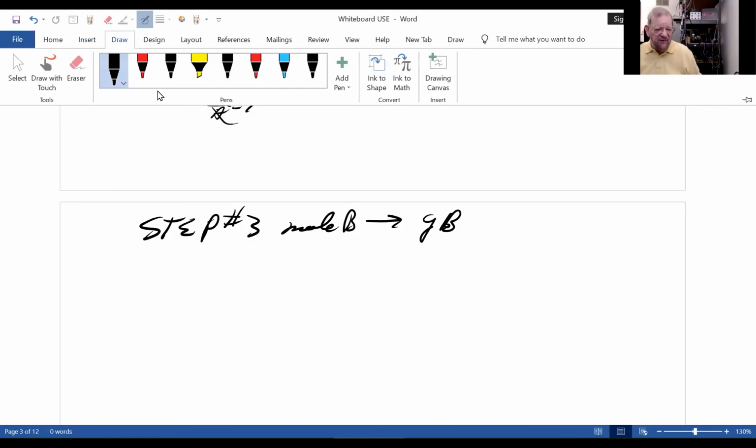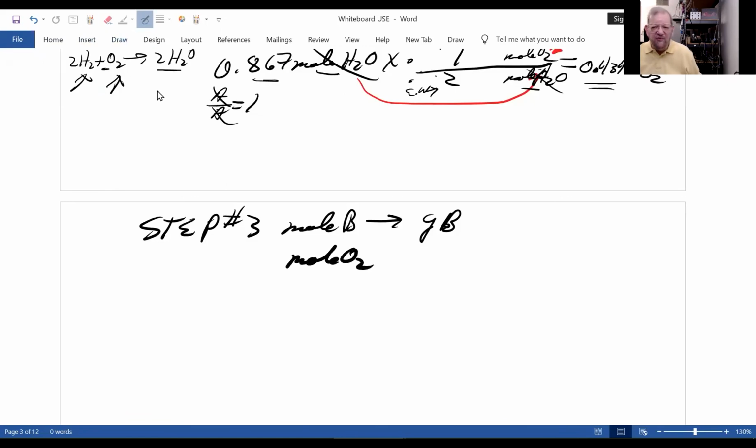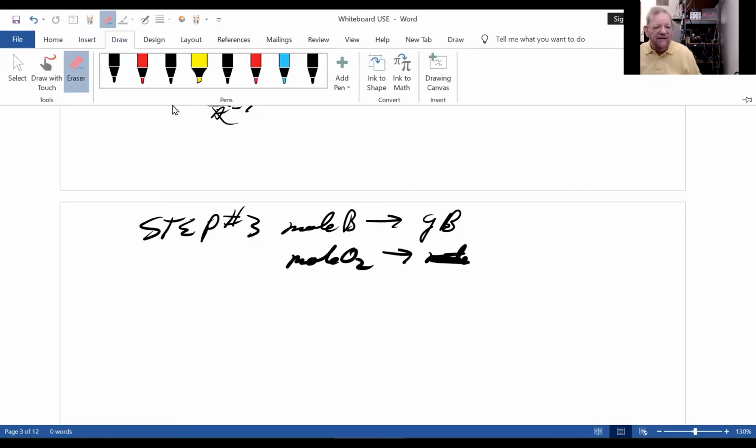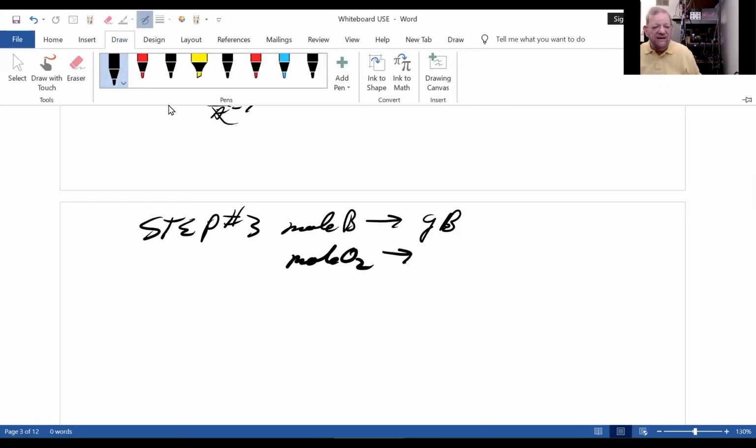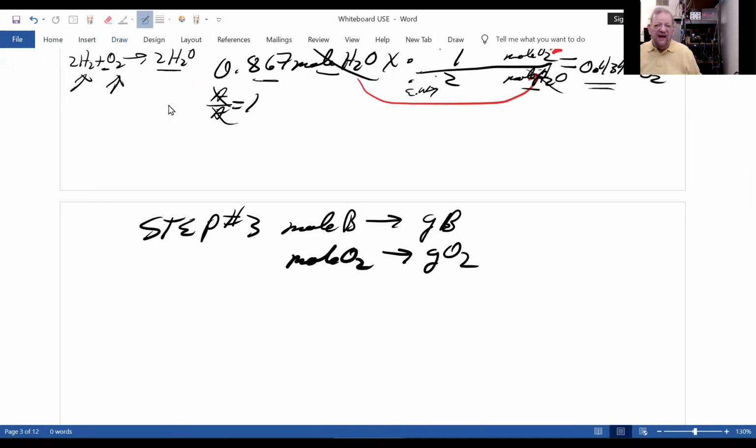In this case, we have moles of O2, which we just calculated, and we want to go to grams of O2. And we just calculated we have 0.434 moles O2, and we'll use our good friend, unit analysis.